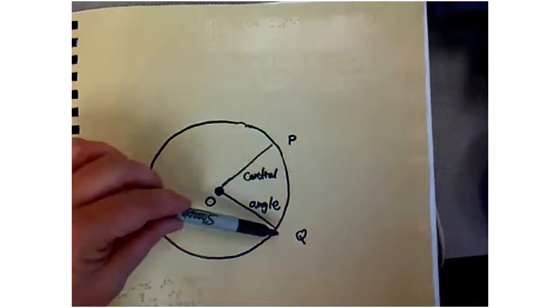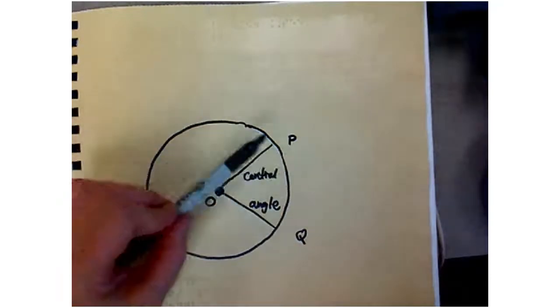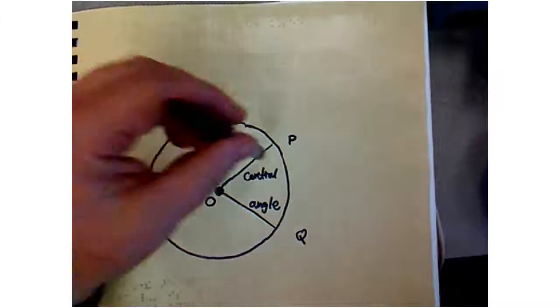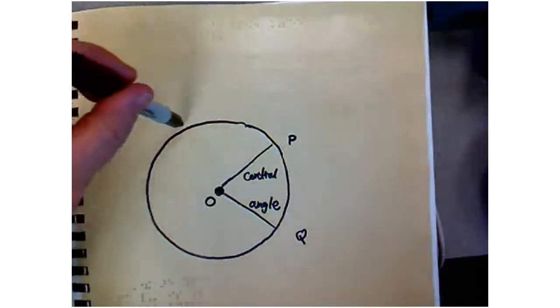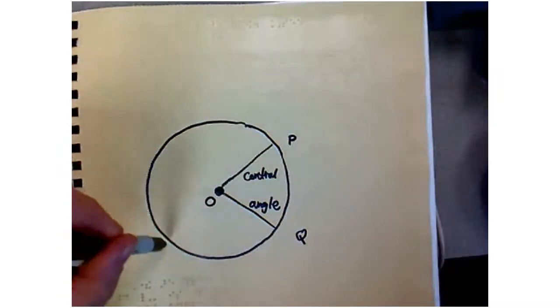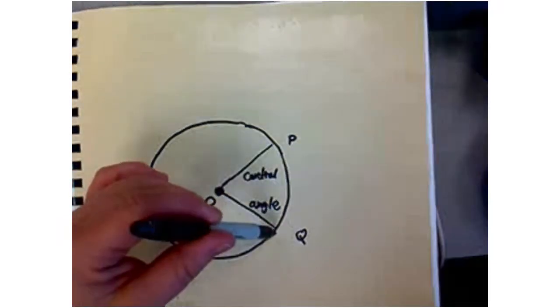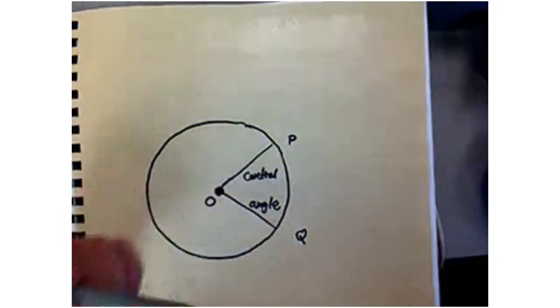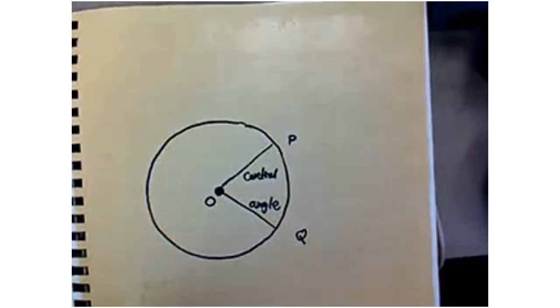If you go from P counterclockwise around the circle, all the way around back to Q at 4 o'clock, that's called the major arc. So Abby, put your hands on P and go counterclockwise to your left, all the way around the circle to Q. That's the major arc. If you start at P again and go clockwise, that's the minor arc.